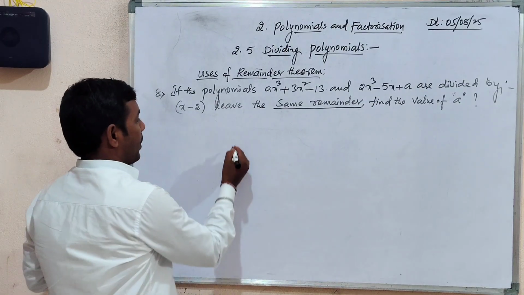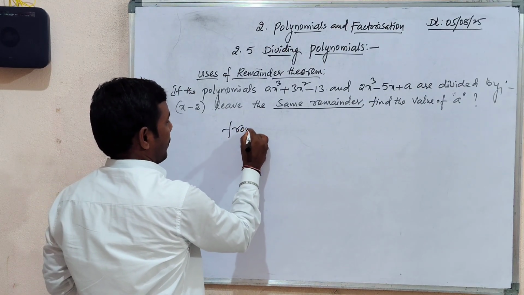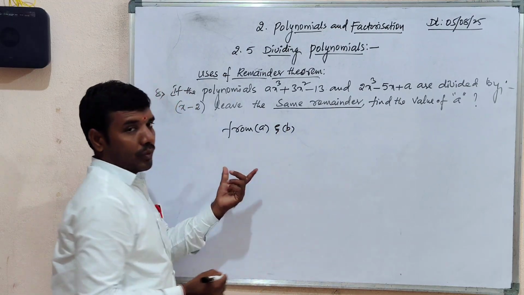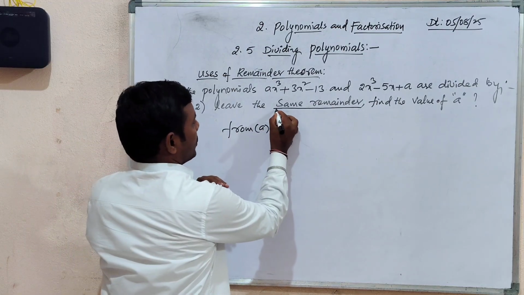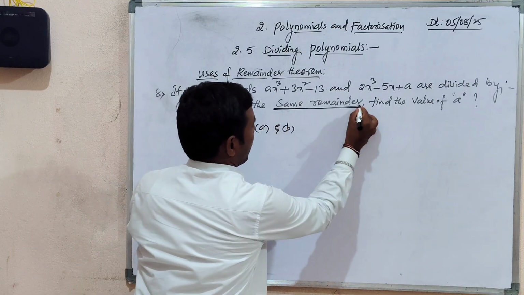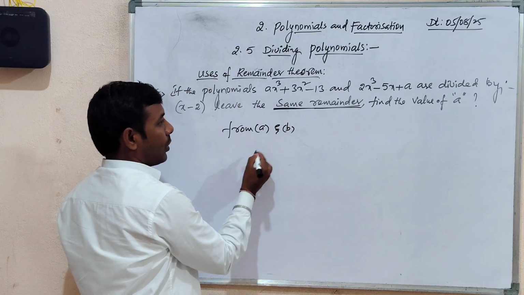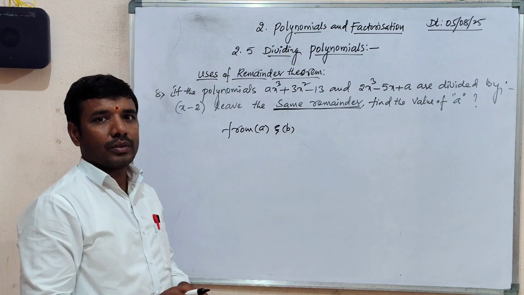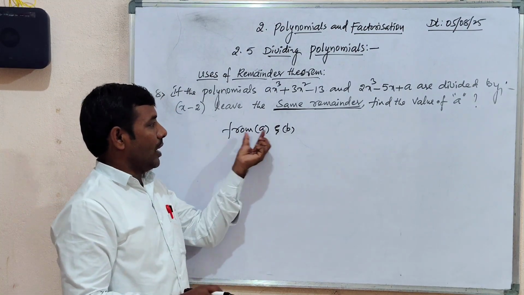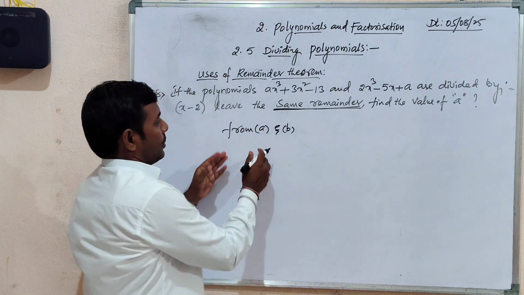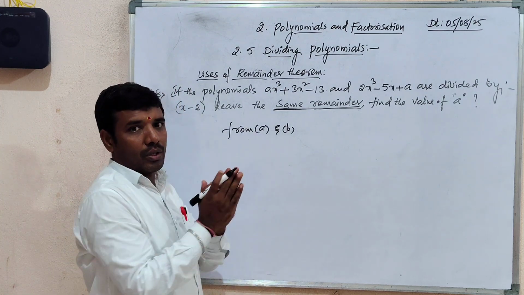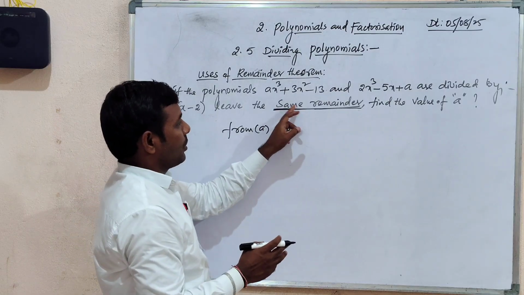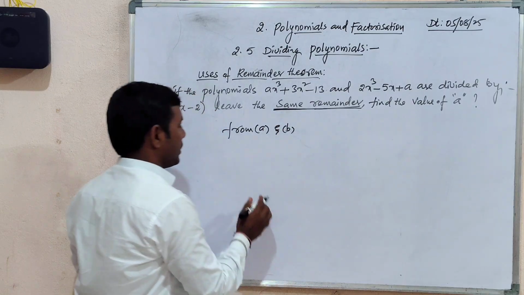Let us see from A and B. We got two remainders, but according to the question, those remainders should be the same. Okay, students, from A and B. In A situation we got one remainder, in B we got another remainder, but according to the question both remainders are the same.